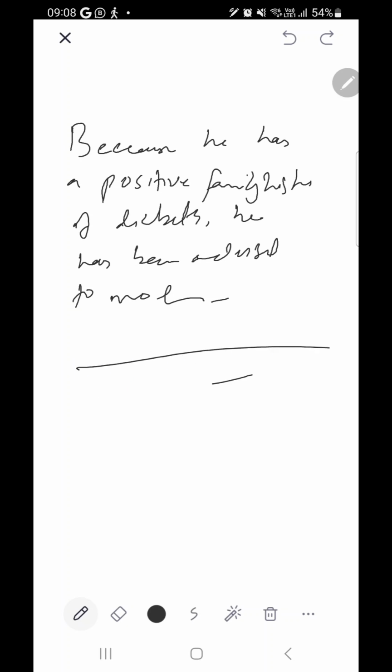Lastly, we have time clauses, which include initially, at the time of admission, and so on. These are the time clauses, right?